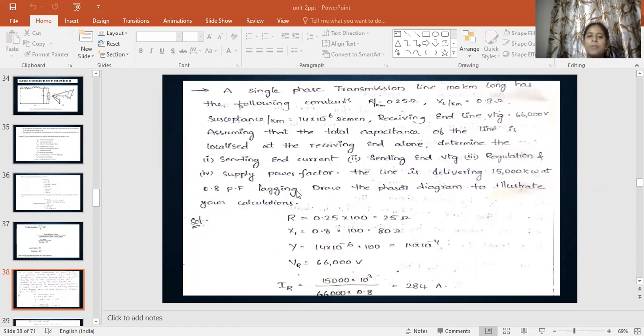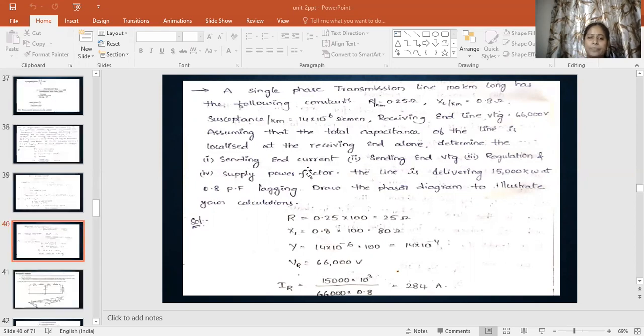In this problem, we can find out the sending end current, that is Is, and the sending end voltage Vs, and the percentage of regulation, that is Vs minus Vr by Vr into 100, and the supply power factor, cos phi s. These values we can find out in the problem.